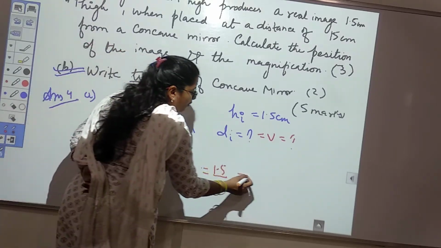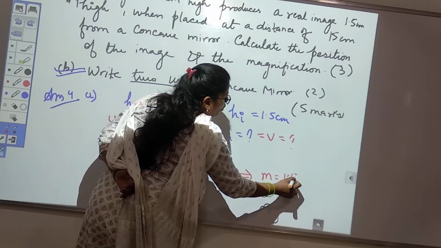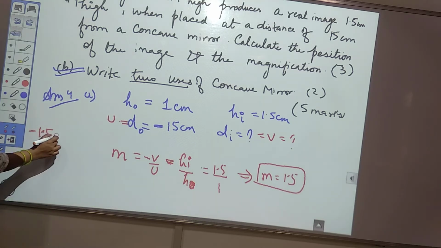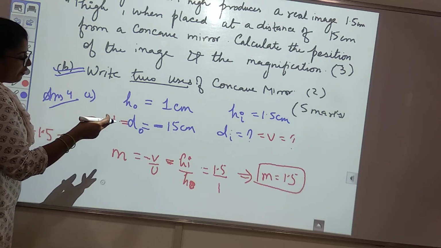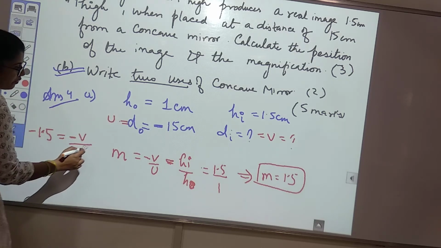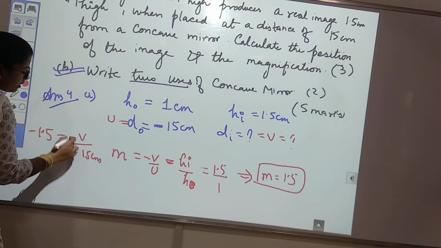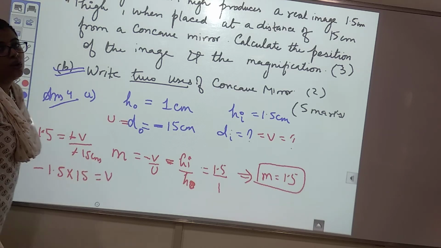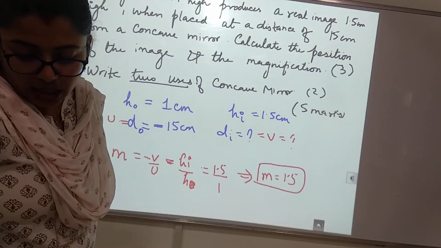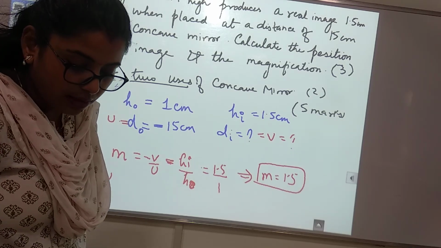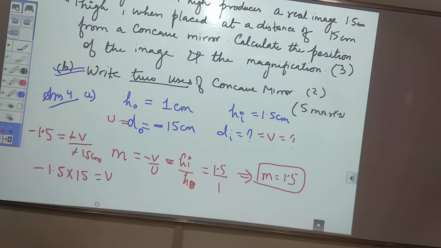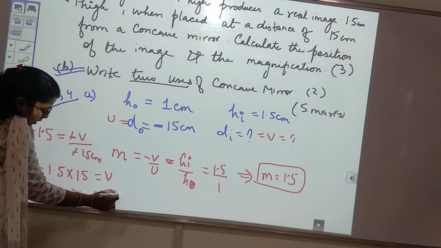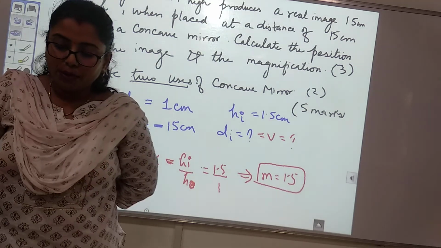So the magnification m equals 1.5. Since it is a concave mirror, a minus sign comes: m equals minus v upon u. We don't know v, and u is minus 15 centimeter. The minus signs cancel out: 1.5 into 15 is equal to v. Calculating it, the answer comes out to be minus 22.5 centimeter. I hope you have understood it.